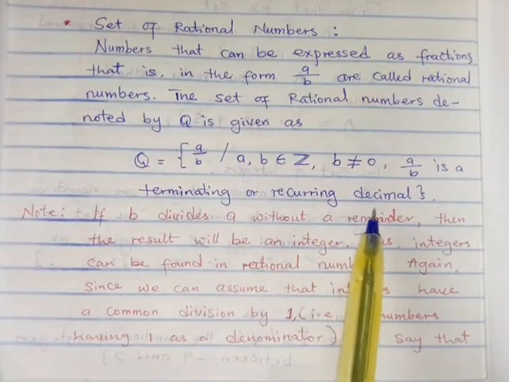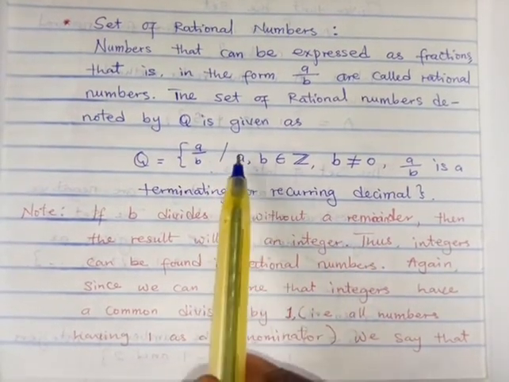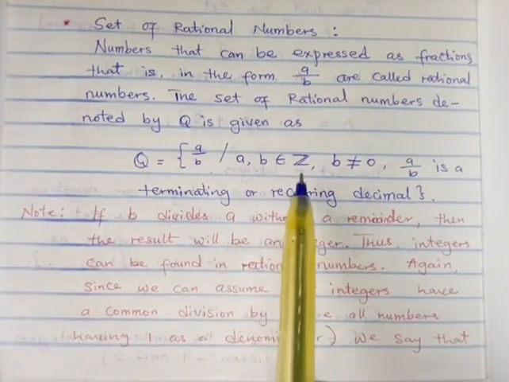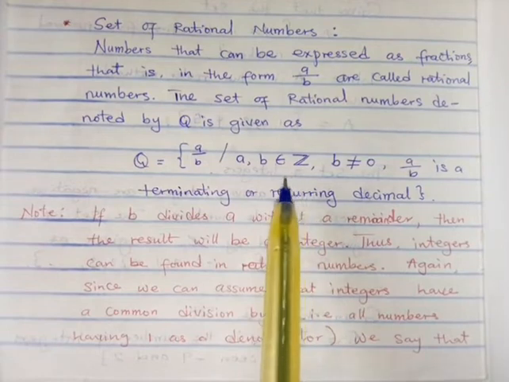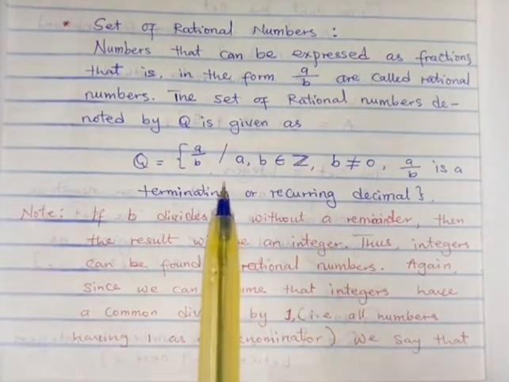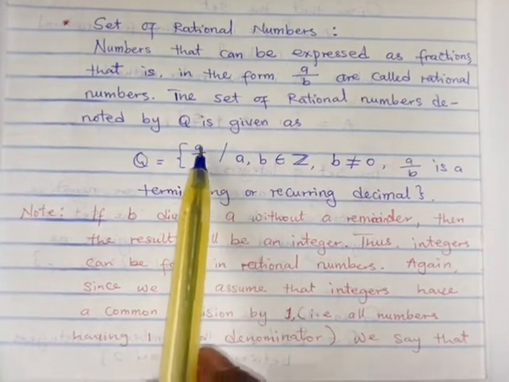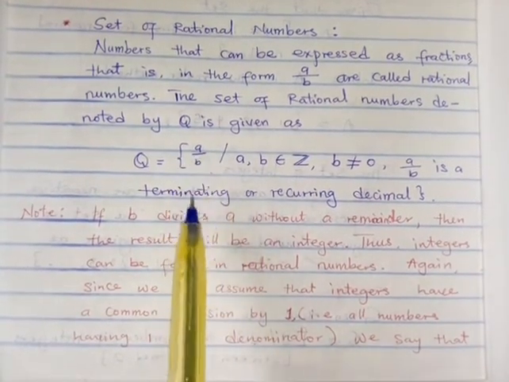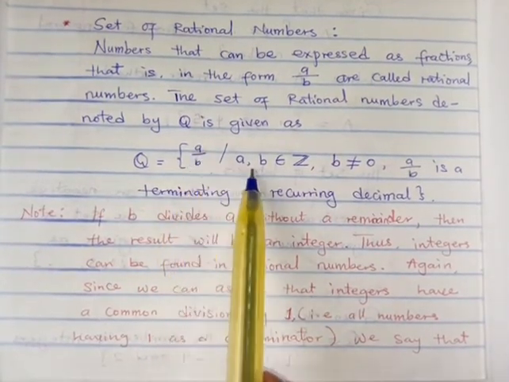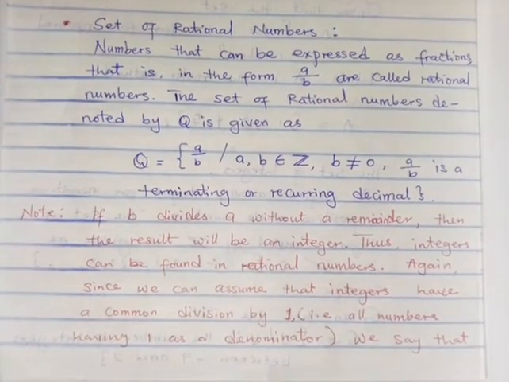An example of recurring decimals is 10 all over 3. 10 all over 3 will give us 3.333. So that is a recurring decimal. You see that the 3 is continuous. So for a number to be called a rational number, it must be in this form, and when you evaluate it, the decimal you obtain must either be terminating or recurring.